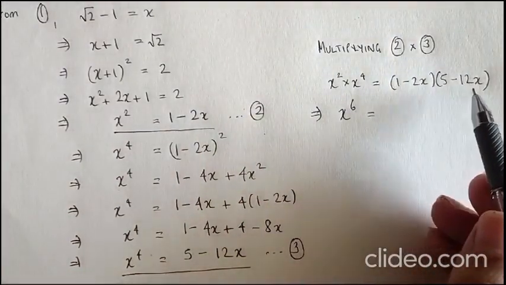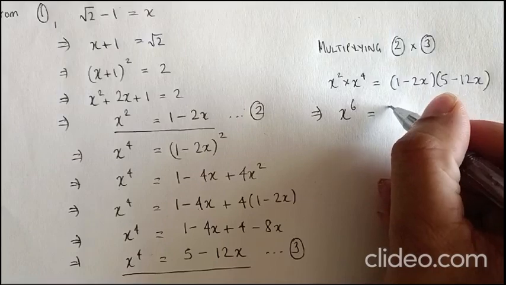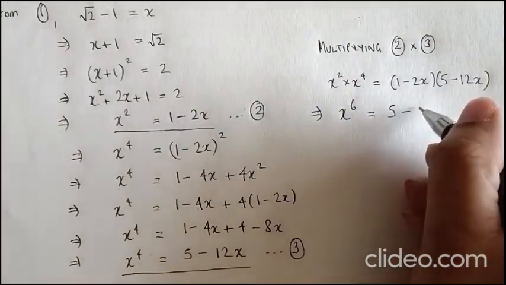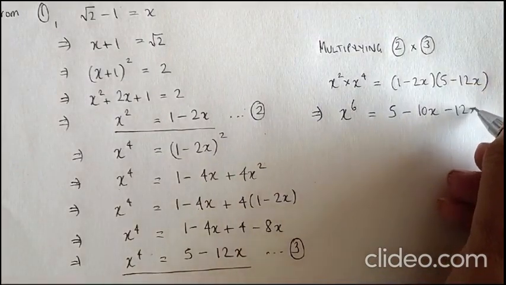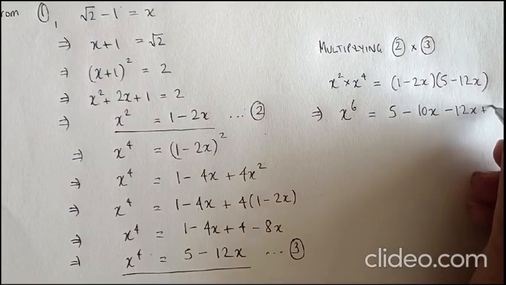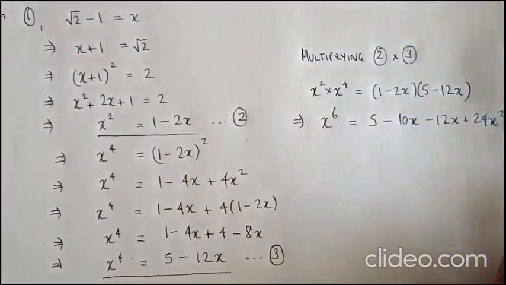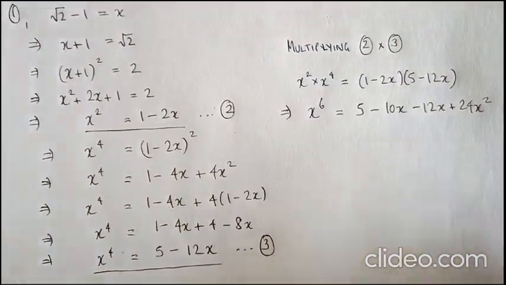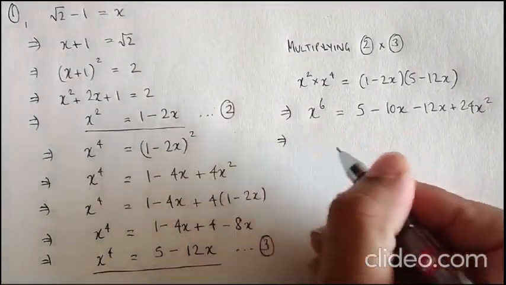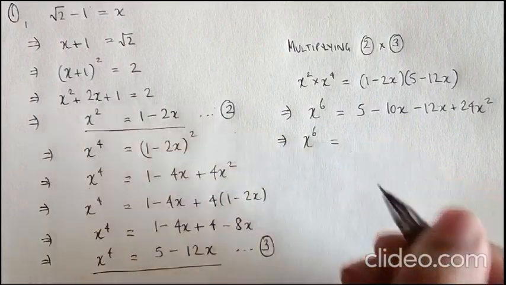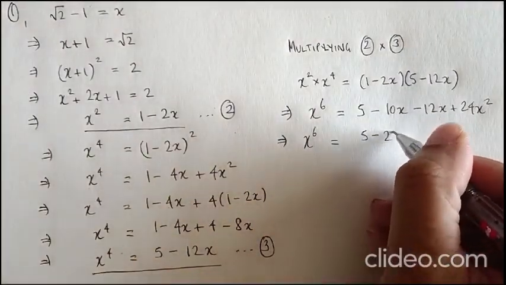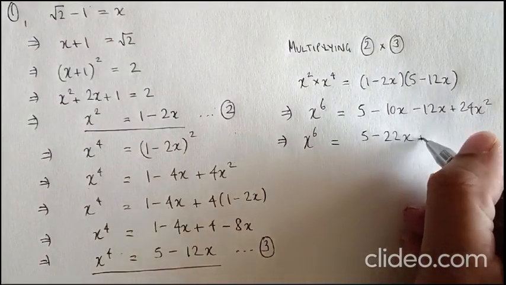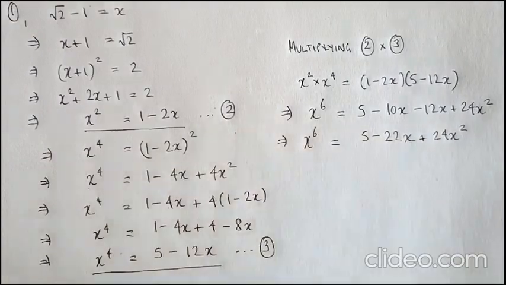Now this gives us, we have to expand this, 5 minus 10x, right, these two, minus 12x plus 24x squared. Yeah, which means x to the power of 6 is equal to 5 minus 22x plus 24x squared.